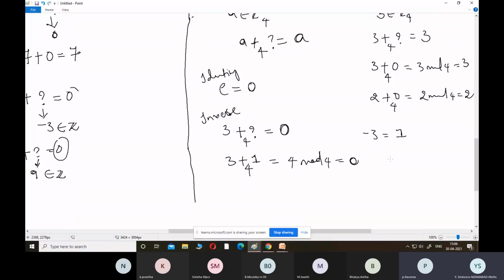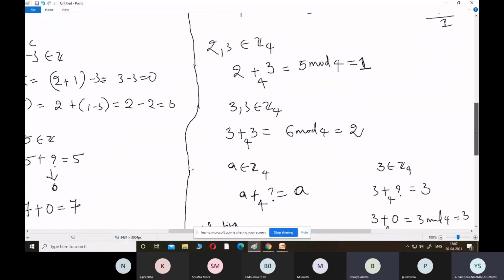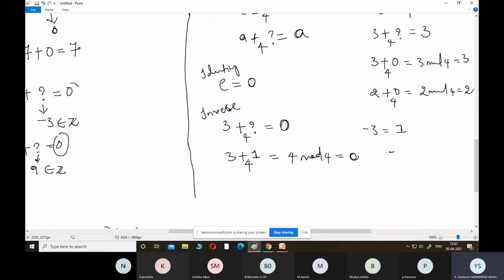Always remember when I'm saying inverse, actually 3's inverse is minus 3, we all know. But we don't have minus 3 in this Z4. So minus 3 in Z4 is nothing but 1 for us. Sometimes they'll write 3 inverse instead of minus 3.